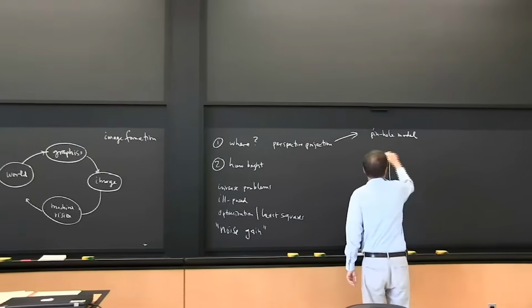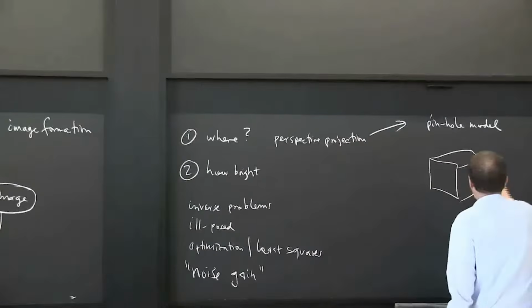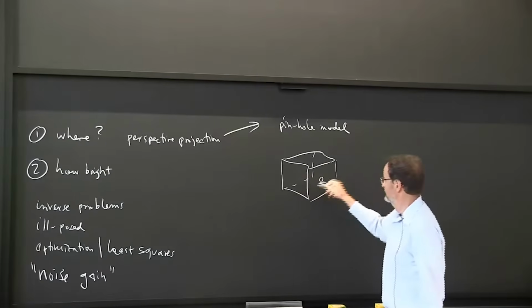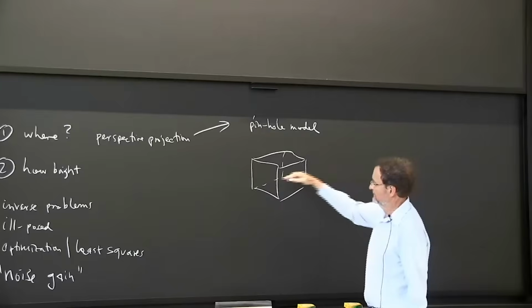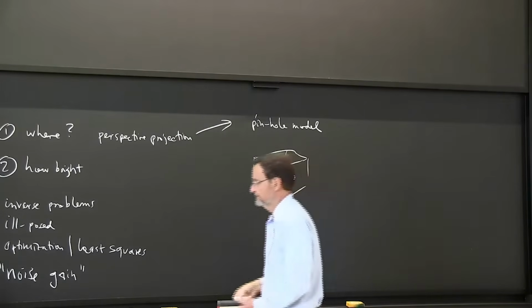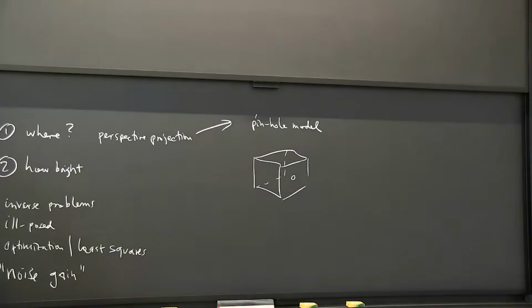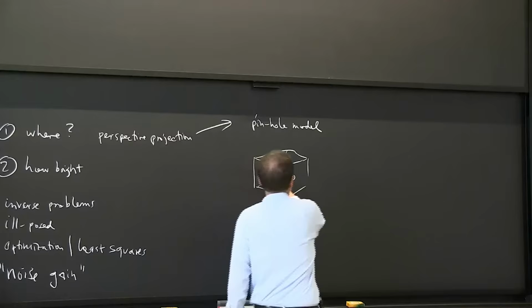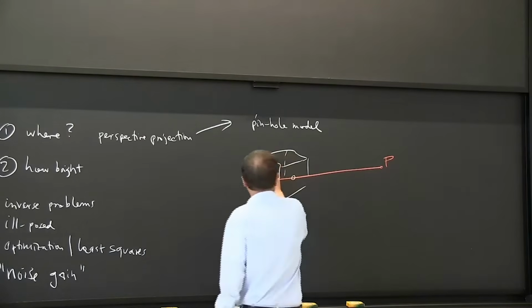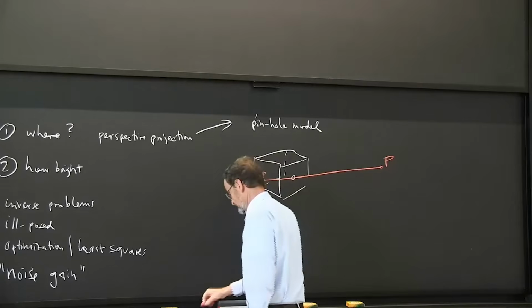So here's a box to keep the light out, and then we have a hole in it, and on the opposite side of the box, we see projected a view of the world. So let's just try and figure out what that projection is. There's a point in the world, uppercase P, and there's a little p point in the image plane.